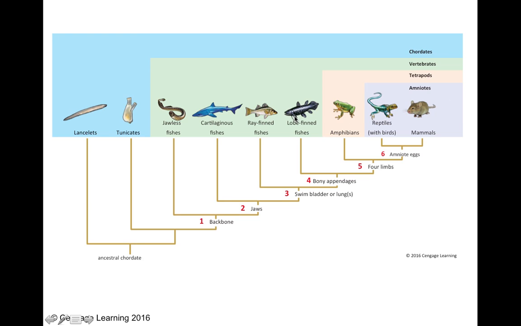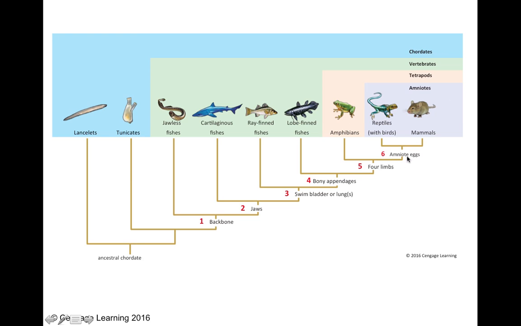We can get some bones working down into these fins, which is really cool. When we get lungs, we get the opportunity to start working into moving from water to land into what are called tetrapods or four-legged animals. And we make that transition from water to land. We have four-limbed amphibians that will oftentimes still start their lives as aquatic, and then we'll move to terrestrial adults.